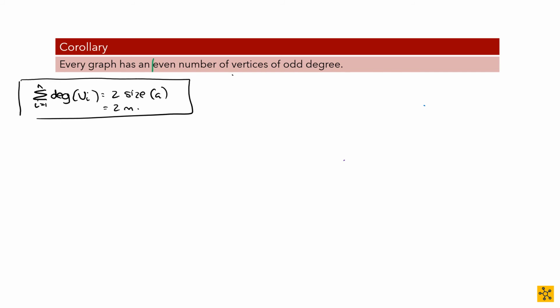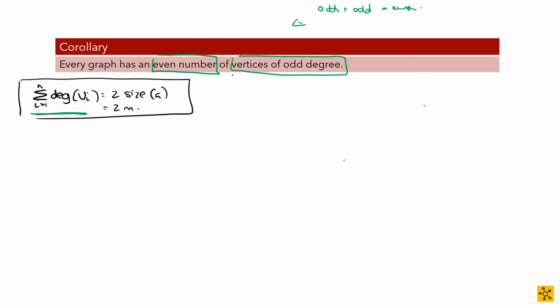We think about what we know about odd numbers, because odd degrees are odd numbers, and we know this is the sum of the degrees. So we're technically going to be summing up odd numbers. We know that an odd number plus an odd number is an even number. We also know that 3 odd numbers sum to an odd number, but that's not important to us right now.